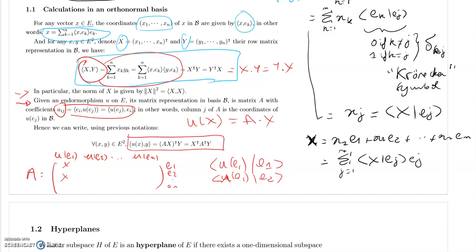That's the whole point of getting a matrix representation of a linear map: you can write its action on any item of the space as the product of the matrix times this item. And of course, you can rewrite that using the transpose notation, and this is what you get.